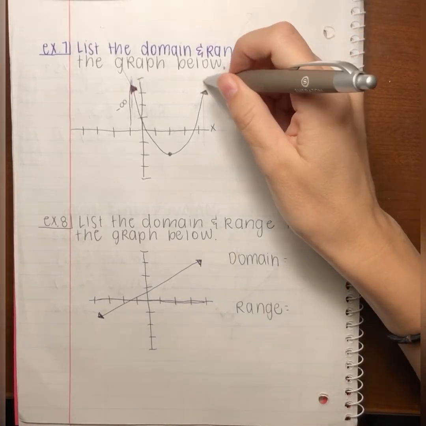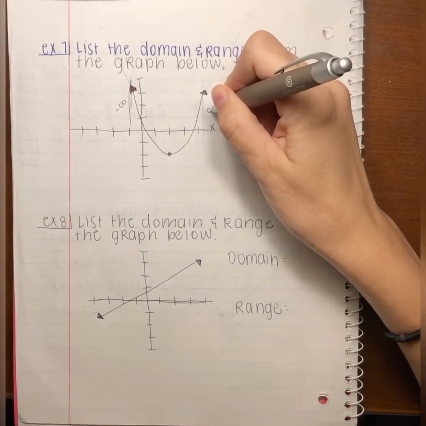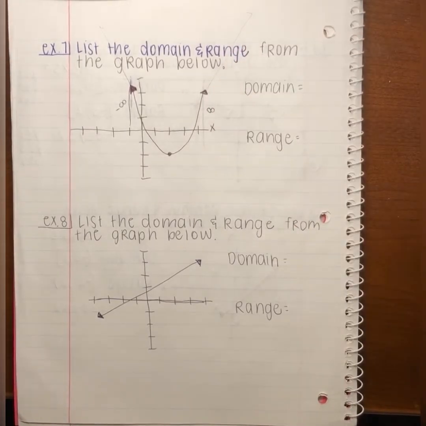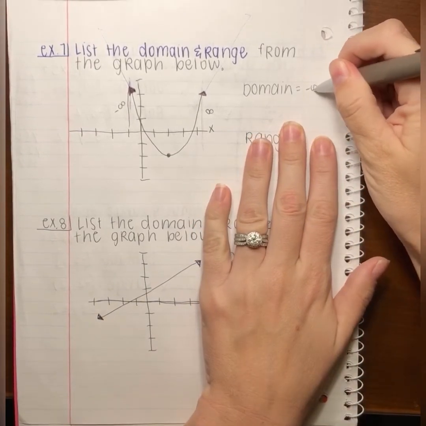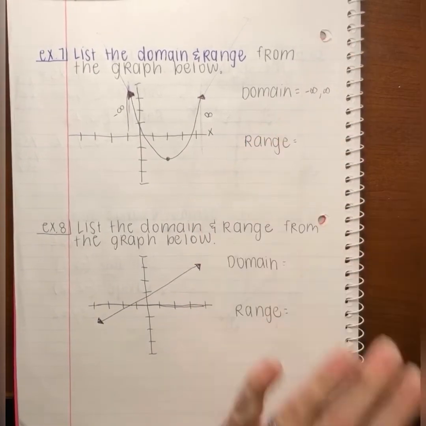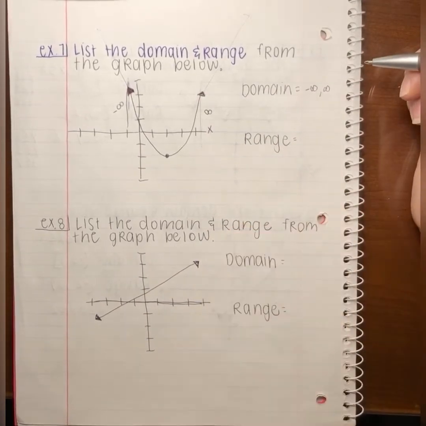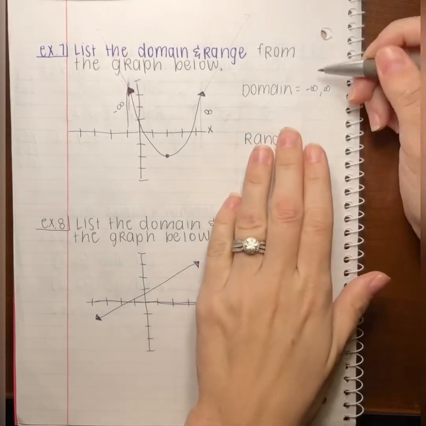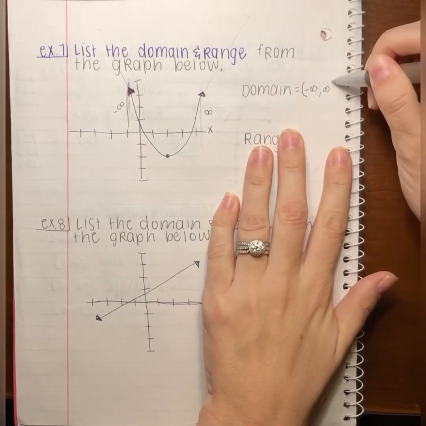So since we ended on an arrow over here, that means it doesn't stop, it keeps going to infinity. So your domain ranges from -infinity to +infinity. And if you remember, you can never actually reach infinity because it just keeps going and going forever. So we give those parentheses.